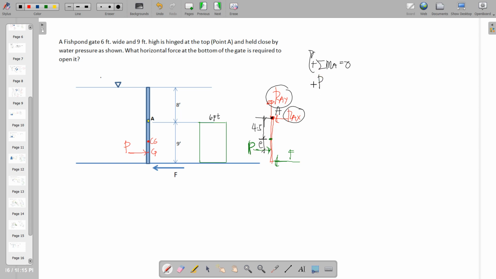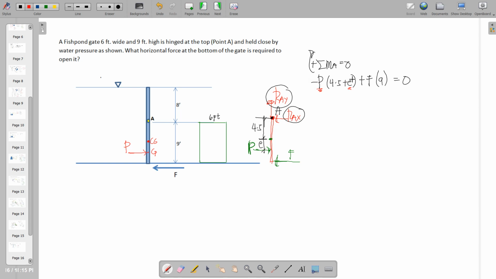So P, that is a negative rotation, times the moment arm up to A, 4.5 plus E, and then a clockwise rotation by F, and that is 9 feet up to point A, so that will be equal to 0. So this will now be our working equation. Again, we need the value of P and we need the value of E.